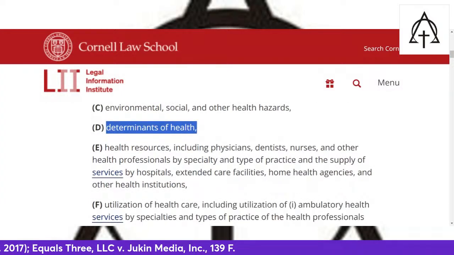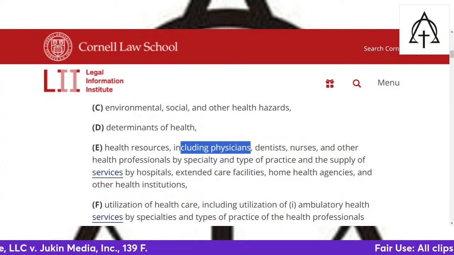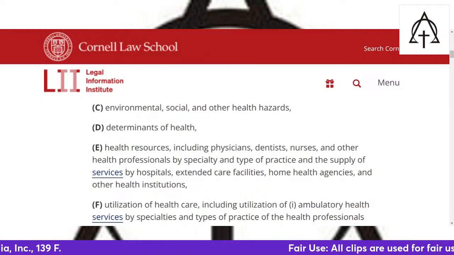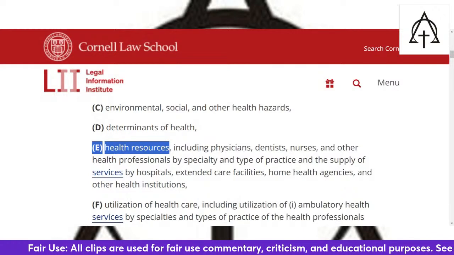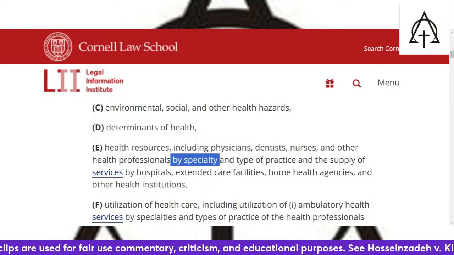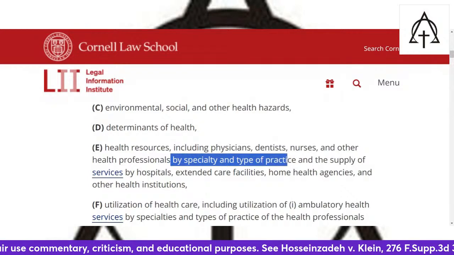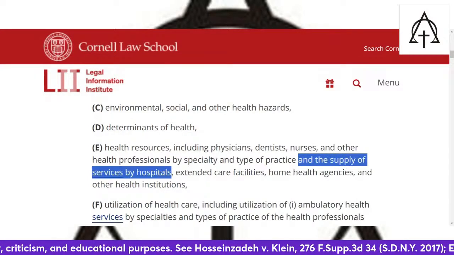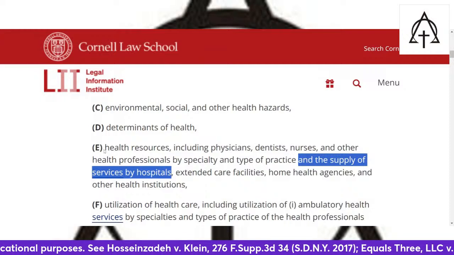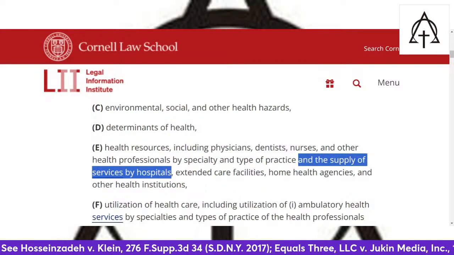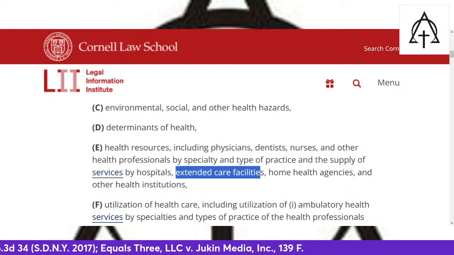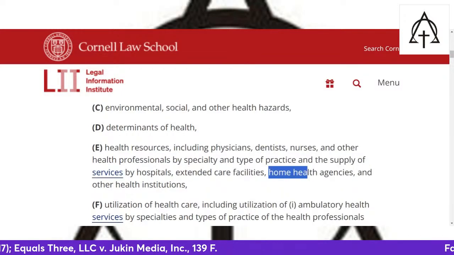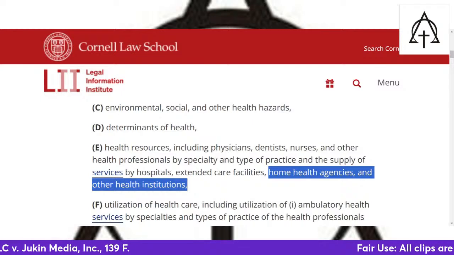Health resources, including physicians, dentists, nurses, and other health professionals. What about the very people that they're using as patients? That is the main source for any of them by any specialty or type of practice, and the supply of services by hospitals, such as a spell of illness. That's a service. It's known as inpatient hospital services of an extended care facility, home health agencies, and other health institutions.